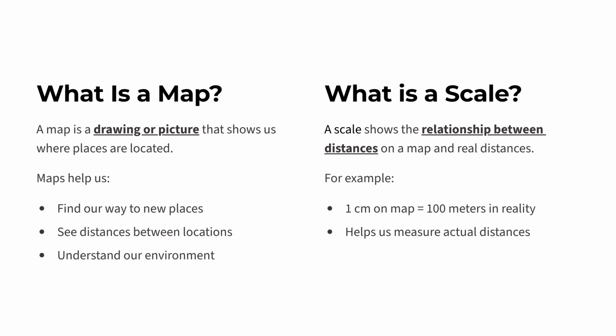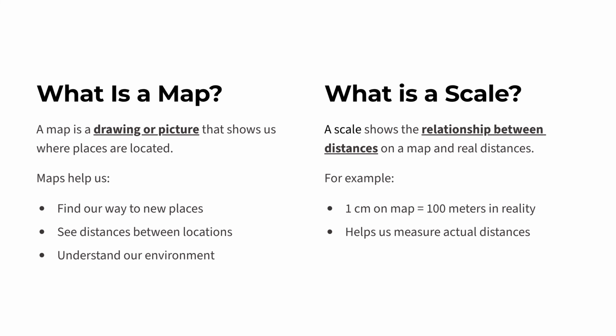Now, every map also has something called a scale. The scale shows the relationship between the distance on the map and the real distance on the ground. For example, 1 centimeter on the map might represent 100 meters in real life. So, if 2 points on the map are 3 centimeters apart, in reality, they are about 300 meters away.